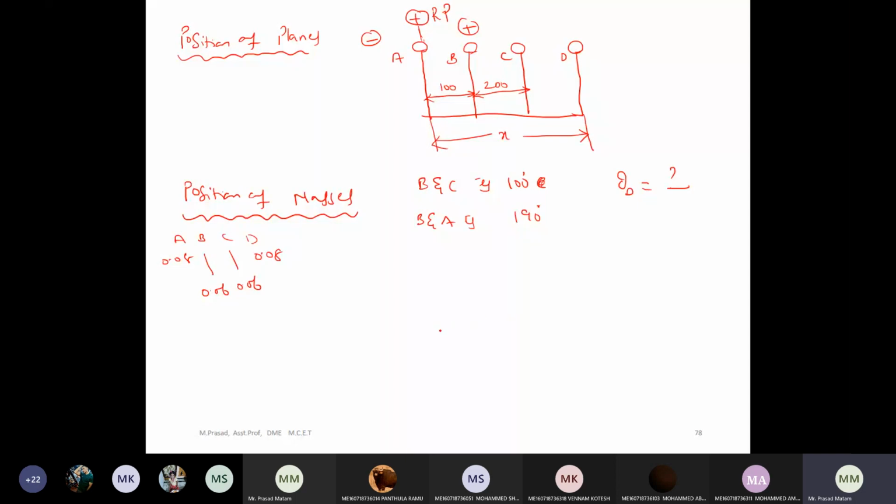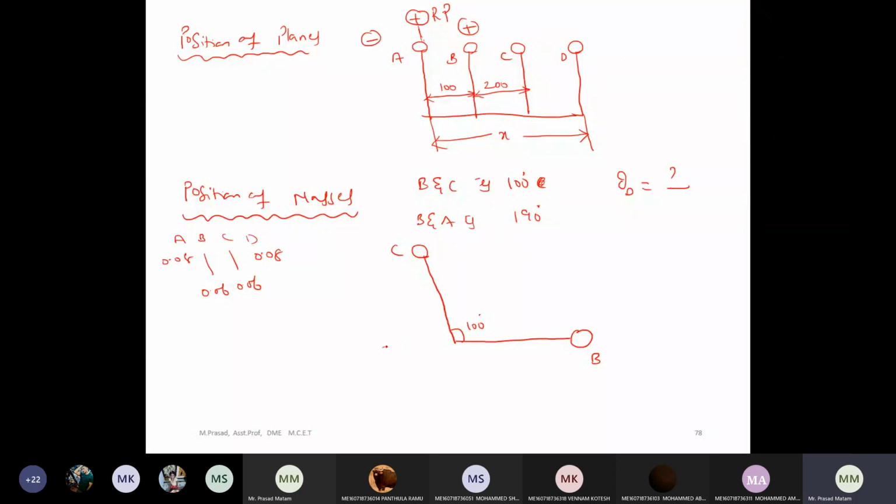So just draw a plane line like this for B, which makes an angle of 0 degrees. But we know the angle between B and C is 100 degrees. With respect to this line, draw a line which makes an angle of 100 degrees. This is for plane B. This angle is 100 degrees.